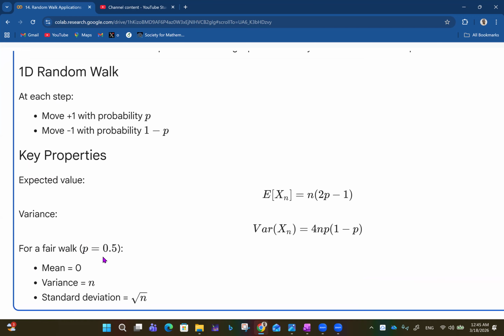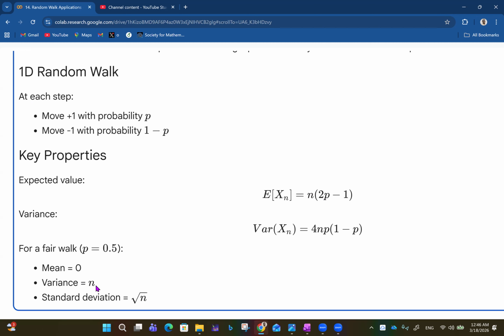For a fair walk, that is, a walk in which the probability of moving +1 or -1 is the same, 0.5, the mean is 0, because if p is 0.5, 2 times 0.5 is 1, 1 minus 1 is 0, and 0 times n is 0.